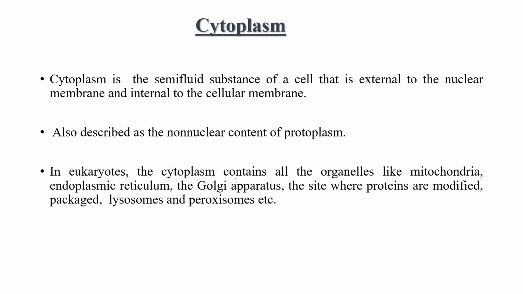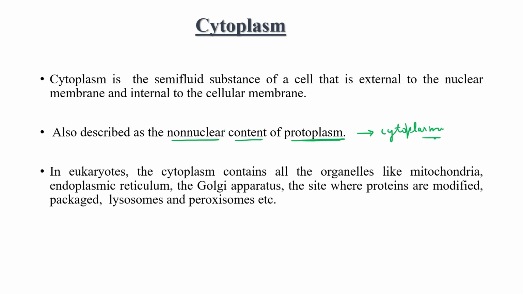Now, cytoplasm. Cytoplasm is the semi-fluid substance of a cell that is external to the nuclear membrane and internal to the cellular membrane. That's why we can also call cytoplasm the non-nuclear content of protoplast.